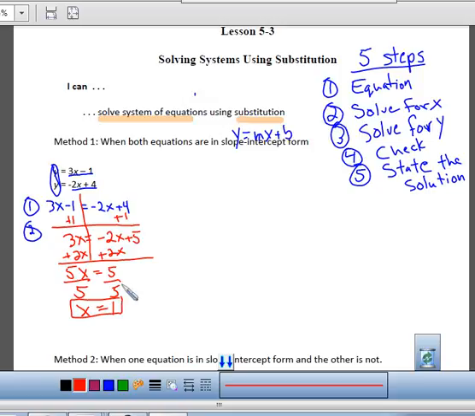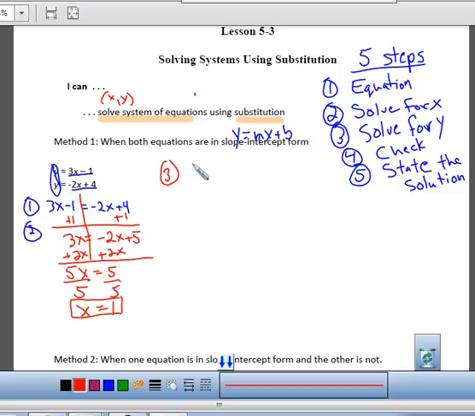Now, you have part of your answer, but you don't have your whole solution. Remember, when we're solving a system of equations, we're getting a solution that is a point of intersection. So I need a y value, so that's step 3. We're going to pick one of these two equations.